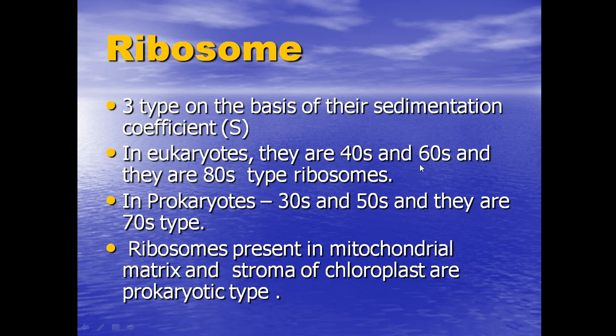When they are together, they settle at 80 Svedberg. Same is true in the case of prokaryotes. The smaller unit is 30 Svedberg and the larger one is 50 Svedberg when they are centrifuged separately. But when both of them are intact, the prokaryotic ribosome settles at 70S. So that's why it is called 70S type, and in eukaryotes it is called 80S type.